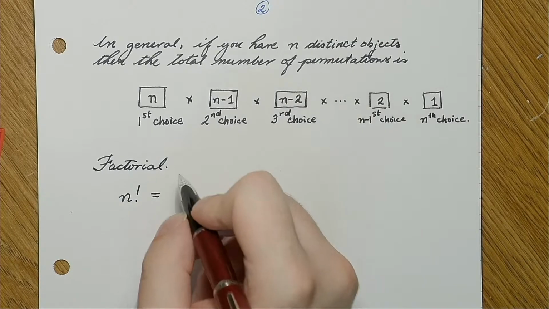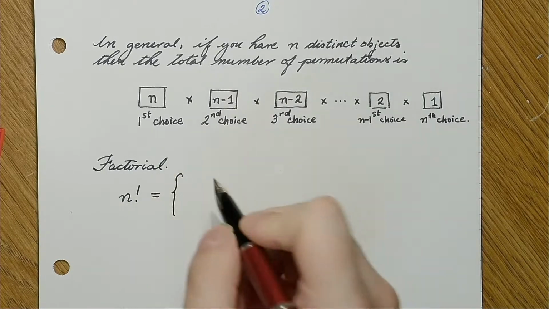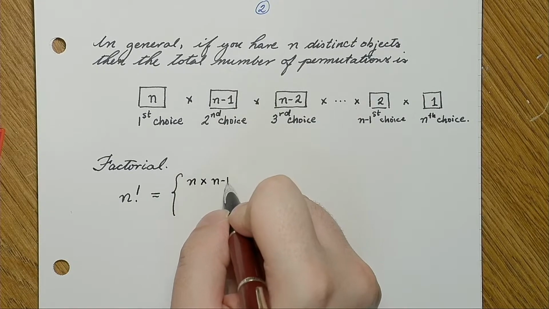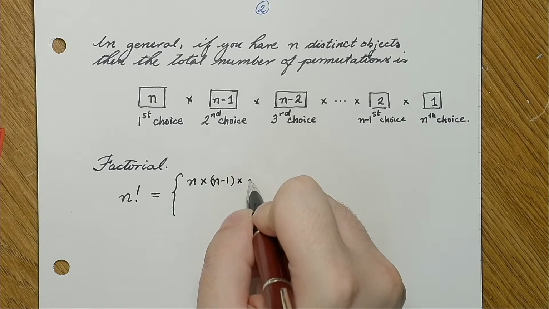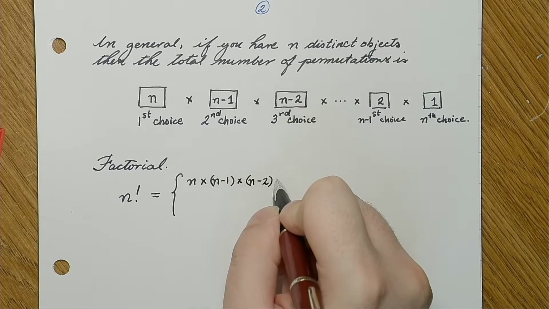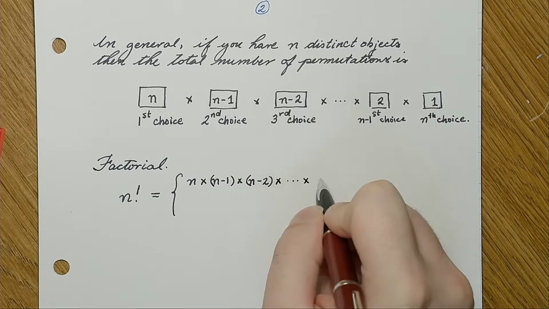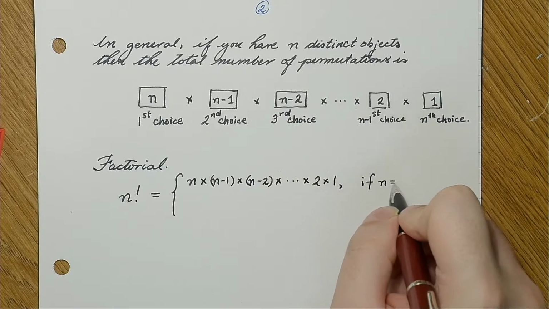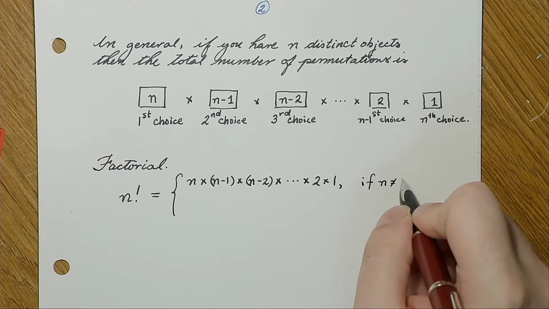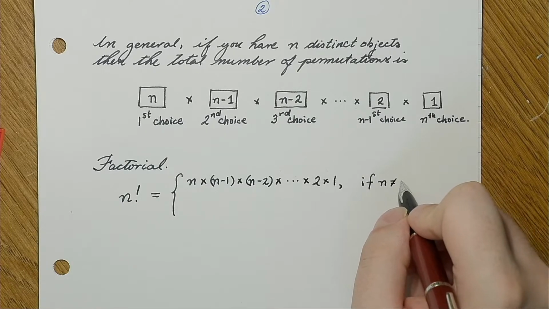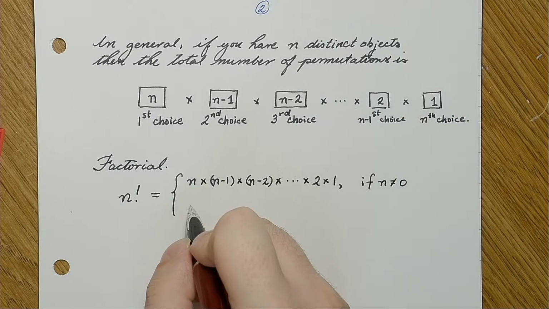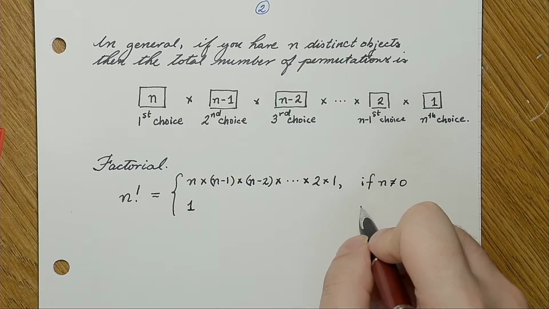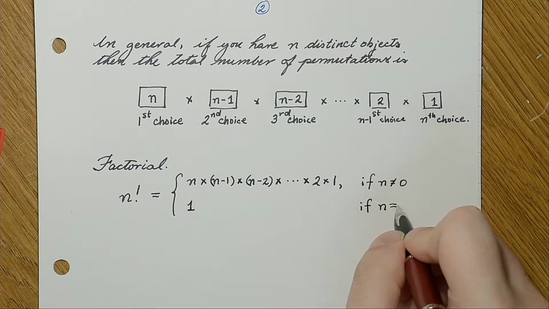So n bang. So again, that's n times n minus 1 times n minus 2 times dot dot dot all the way up to 2 times 1. That's if n is not equal to 0. And the last one is, it's 1 if n is equal to 0.